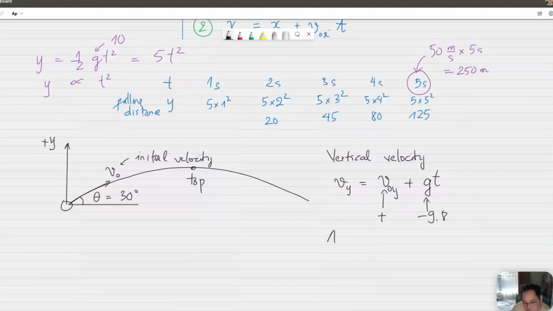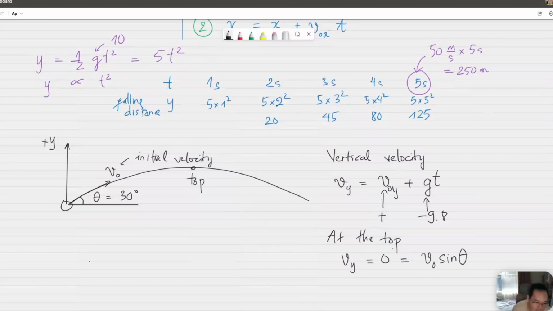At the top of this path, Vy will become 0. It cannot go even higher if it's the top. So Vy is 0 at the top.